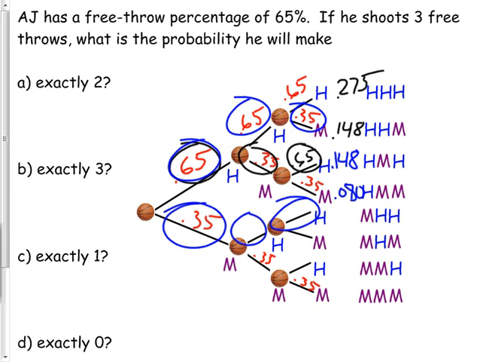A miss and two hits is the same as two hits and a miss. So it's this 0.148 number again. And now, two misses and a hit is the same as this one. So this one and this one are the same thing. So I can go 0.080, and then two misses and a hit is the same exact thing as this, 0.080.